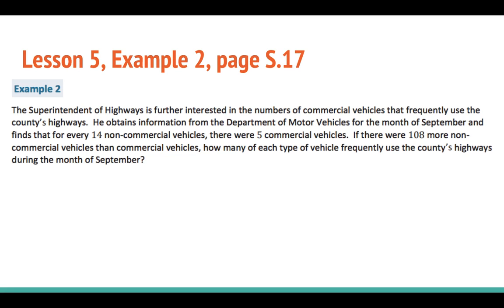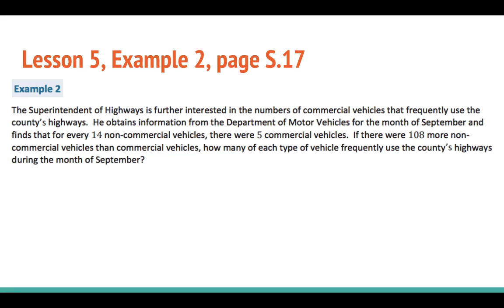Now, the Superintendent of Highways is further interested in the number of commercial vehicles that frequently use the county's highways. He obtains information from the DMV for the month of September and finds that for every 14 non-commercial vehicles, there were 5 commercial vehicles.